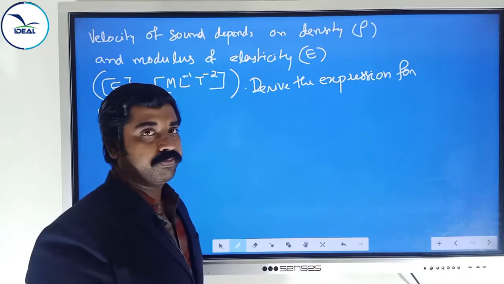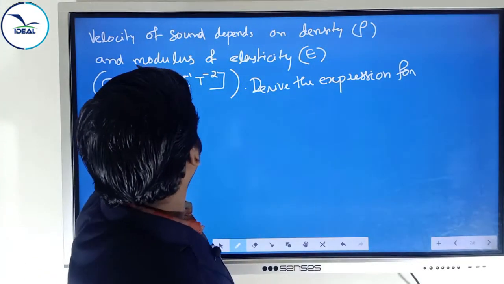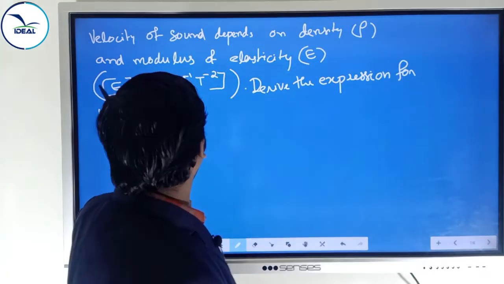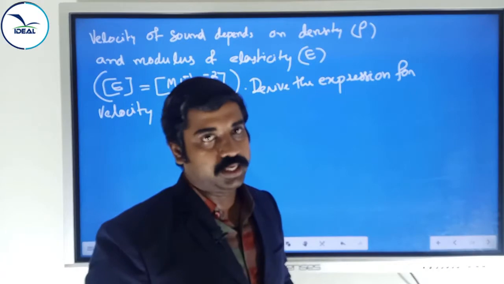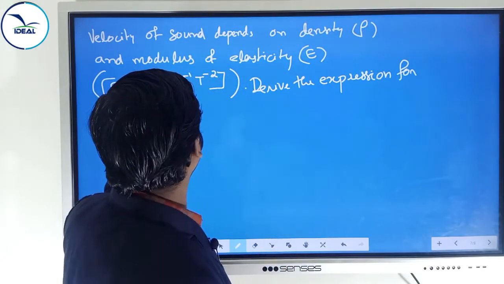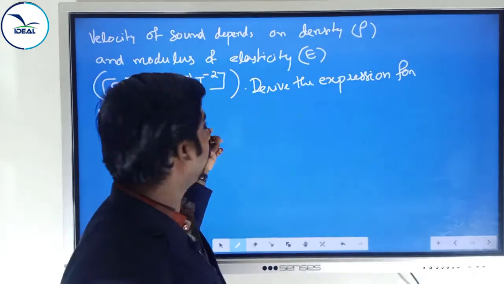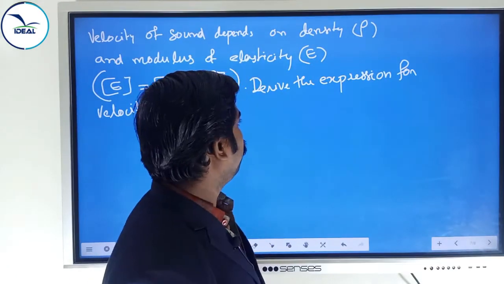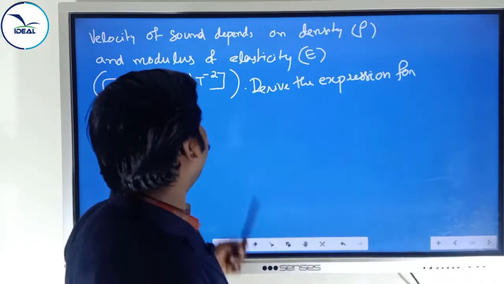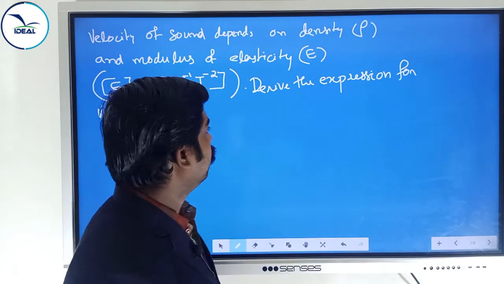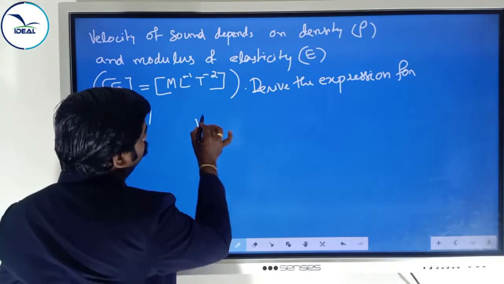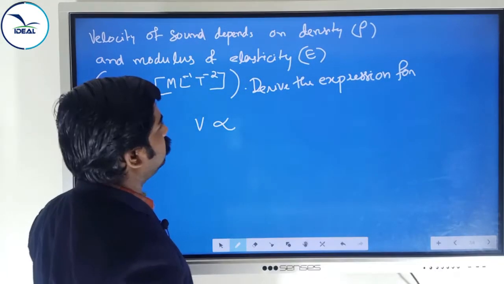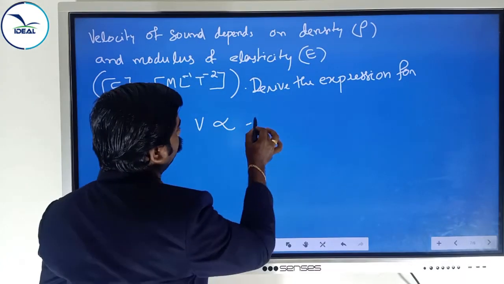And the next question: the velocity of sound depends on density rho and modulus of elasticity E. We are given that the dimension of modulus of elasticity is M L raised to minus 1 T raised to minus 2, and we want to derive the expression for velocity. First, we consider what the velocity depends on: density rho.